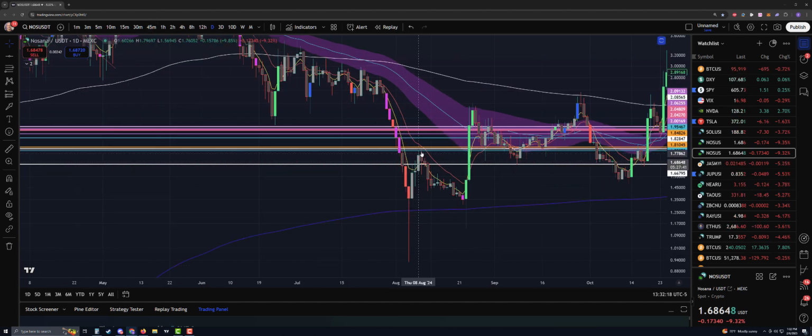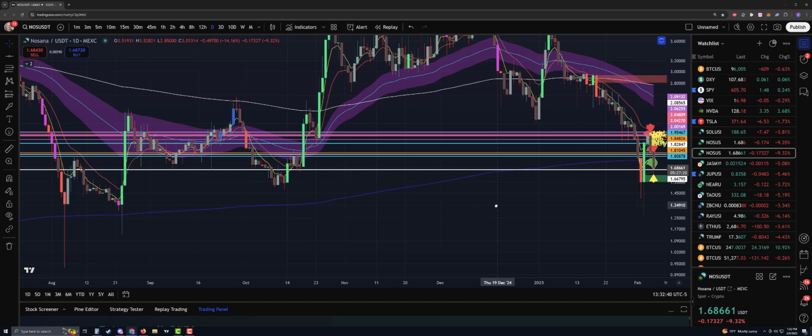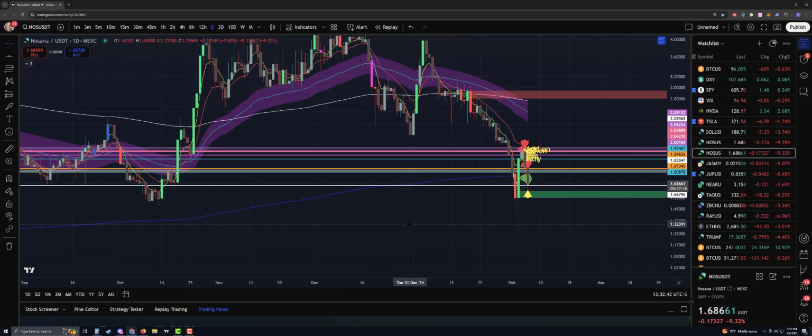It spiked here, but once it bounced up, it came to this point, and this is where I'm assuming Nosana is right now. So I'm just trying to take advantage of this drop just down to here. And that's not a gigantic drop. This entire move is like 23%. But if we cut this into smaller trades, we can do better than that.